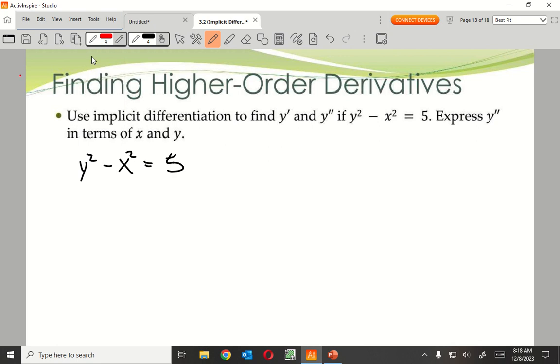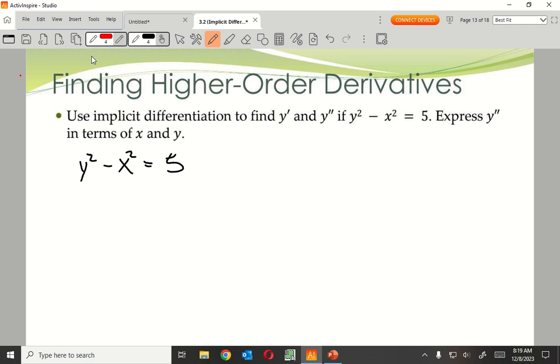So what is going to be the derivative of y squared? 2y, dy dx, right? We have to add the dy dx because I'm taking the derivative of something that's not x.